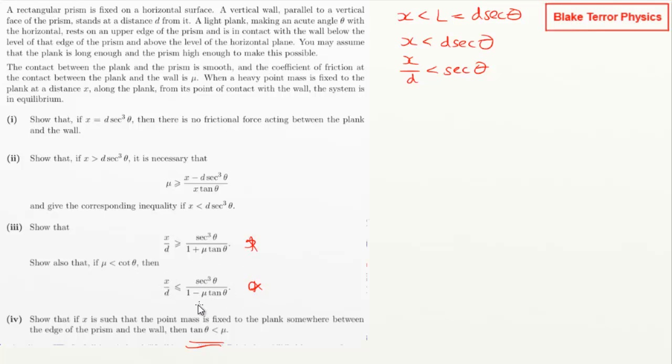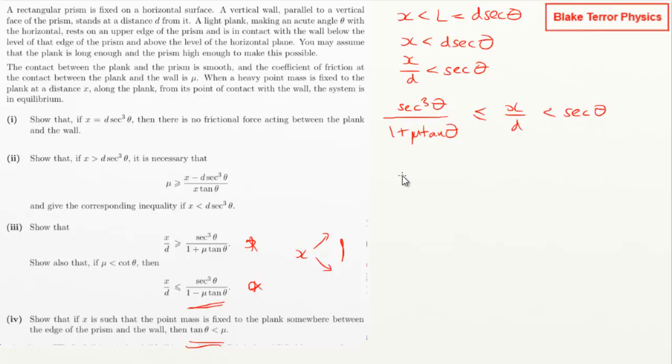It doesn't help me distinguish which right-hand side is going to be larger. I'm just saying x is smaller than that and it's smaller than that, but it doesn't tell me what the relationship is between those things. So the first inequality looks more useful because I've got sec cubed theta over 1 plus mu tan theta less than or equal to x over d, and that is less than sec theta.